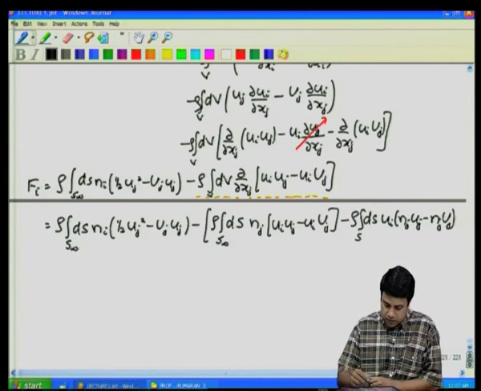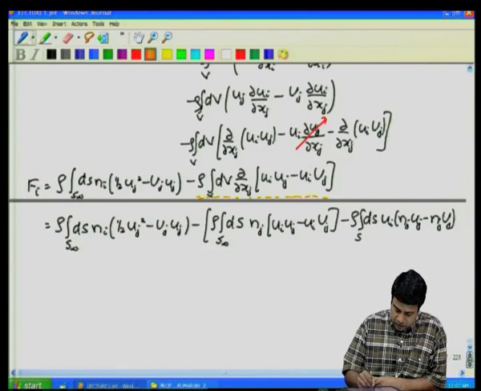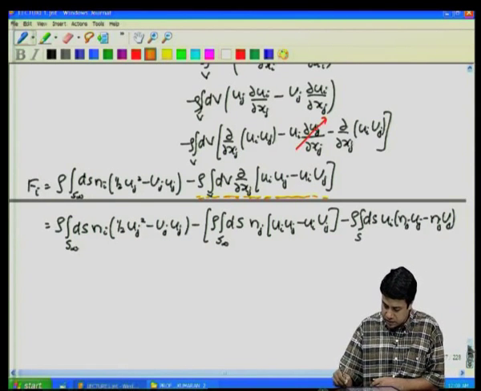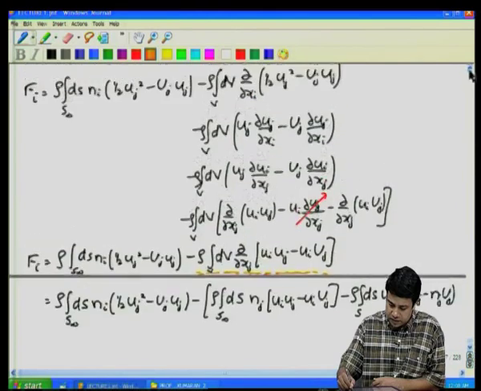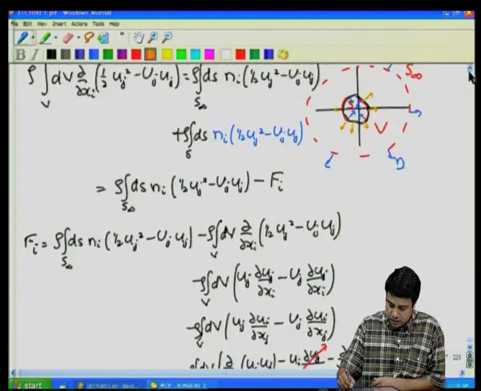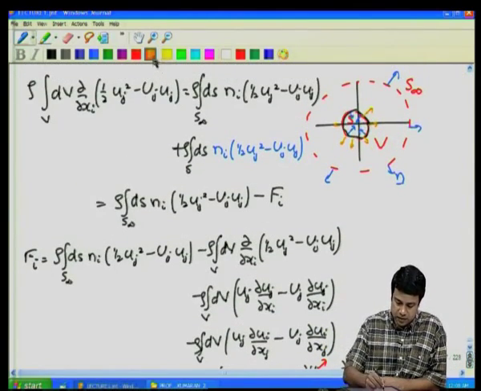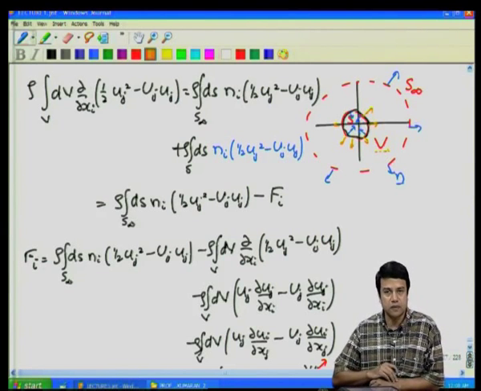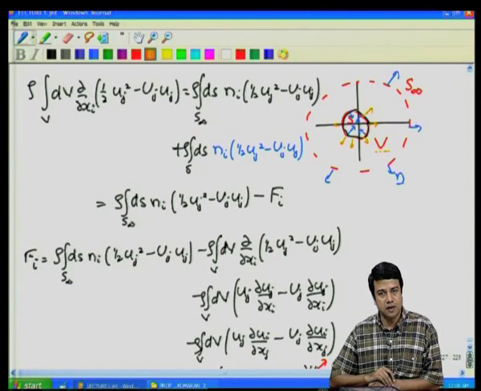Once again, for this term that I have shown here, this is an integral of the divergence of something over this volume V. That can be written as an integral of the unit normal times that thing over the bounding surfaces.